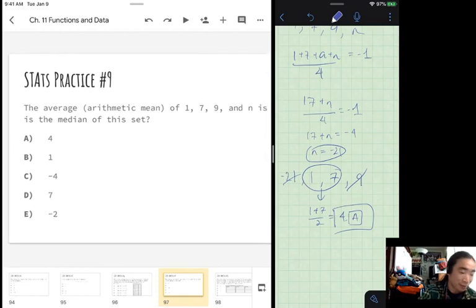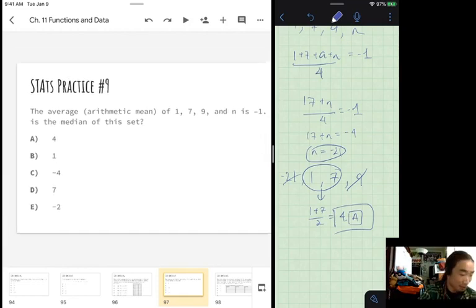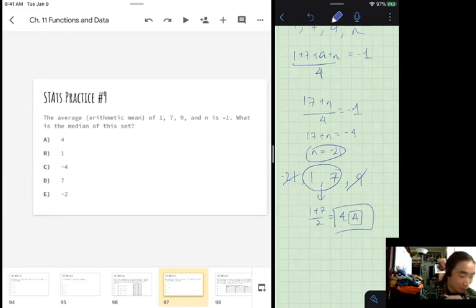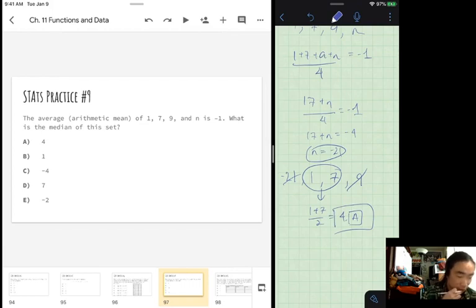And I didn't tell you what the mean was, so you couldn't answer the entire problem. Did I solve it right? I messed up my signs. So I think here the answer is A.